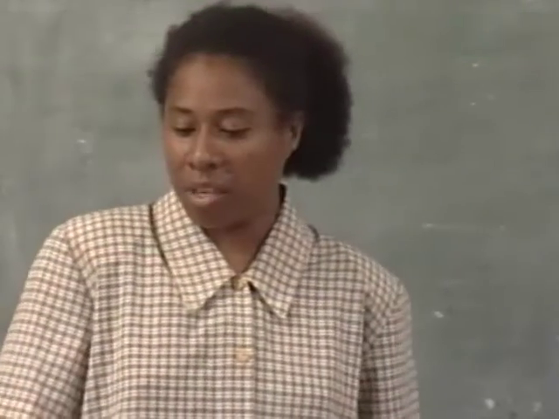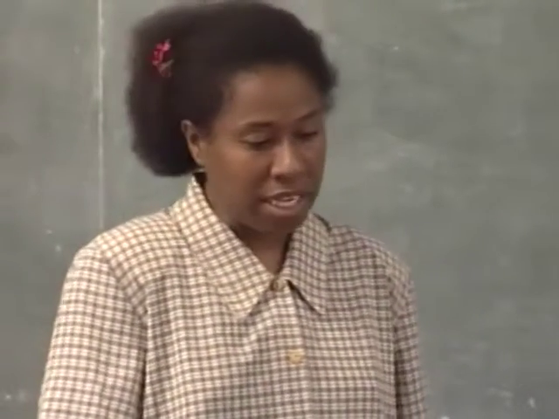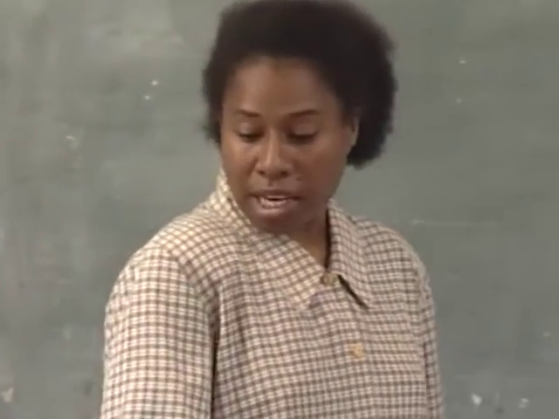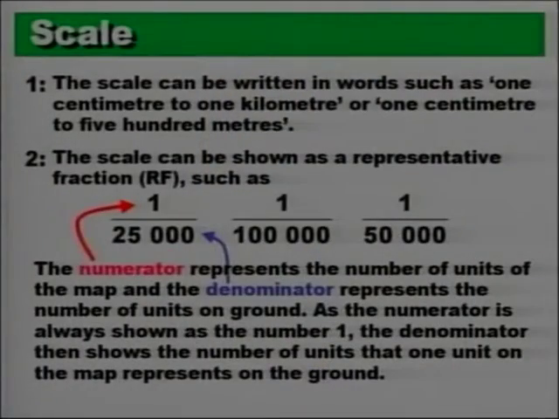So the three ways in which scales are actually represented or shown on any map could be, the first one, in the form of written words. And when scales are given in the form of written words, then we say the scale is given as a statement.